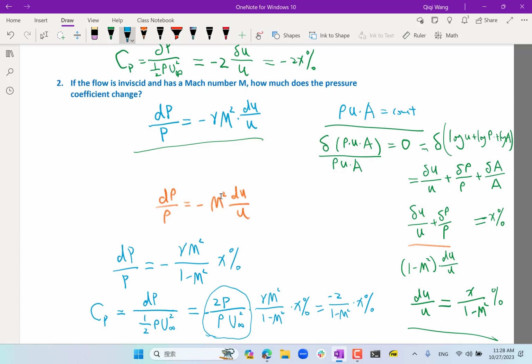But what's more interesting is that as the Mach number increases and gets closer and closer to 1, what happens?